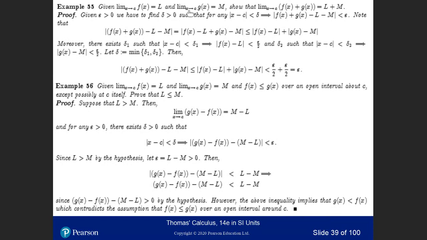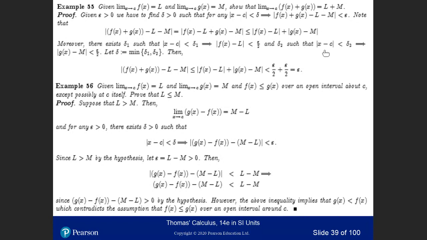Now, since these functions have limits, they have a delta for each epsilon. So let's say delta 1 is the delta for the first function, so that the absolute value of f of x minus L is less than epsilon over 2. So instead of epsilon, I give epsilon over 2, and there must exist a delta 1 because the function has a limit. And for the second function, let's say it's delta 2.